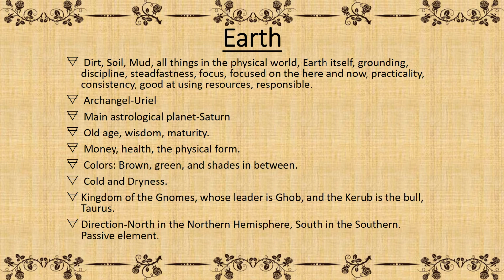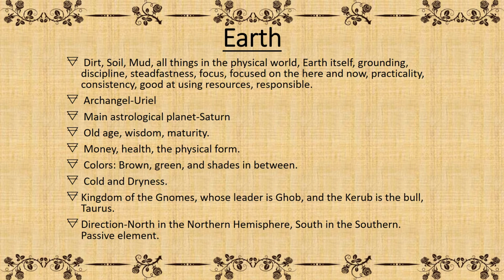The earth itself, in ancient Greek thought, was known as Gaia. Grounding, discipline, steadfastness, focused on the here and now, practicality, consistency, good at using resources, responsible, durable, dependable, accountable. All of these traits correspond to the element of earth.